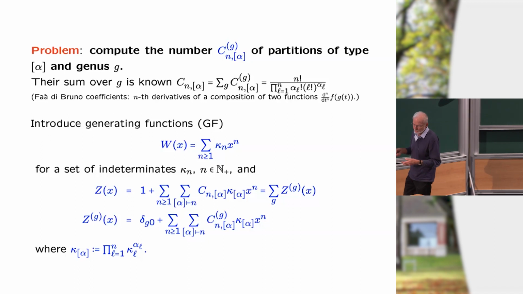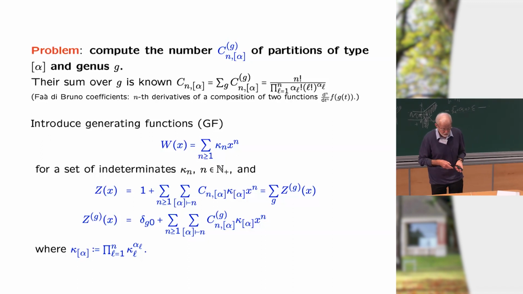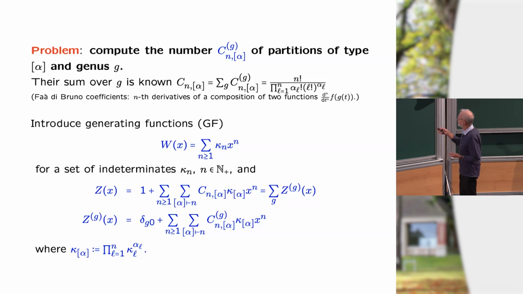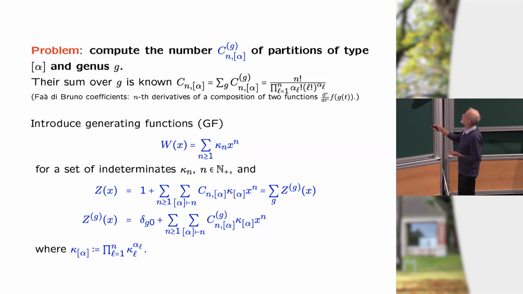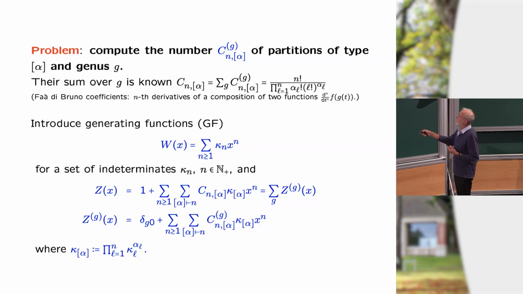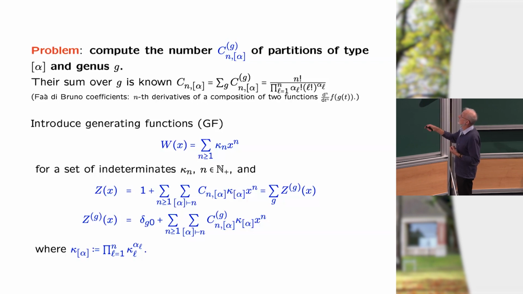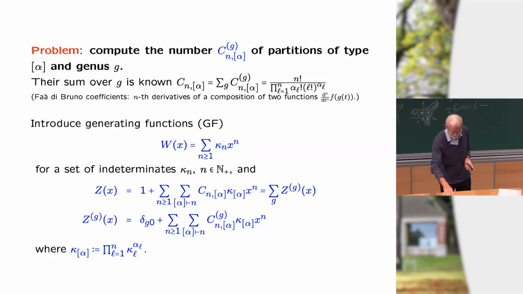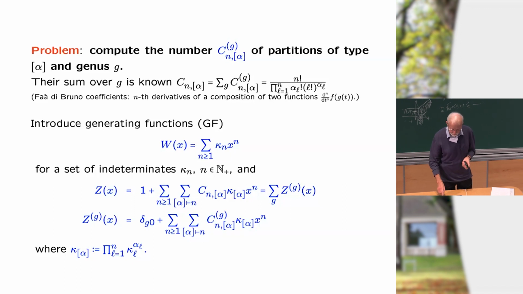So that's my goal, in fact, to find these generating functions. Oh yes, I forgot to say, when I'm writing things in that way, kappa_alpha here is just the product of the kappa_l's, the individual indeterminates for the different classes of alpha.